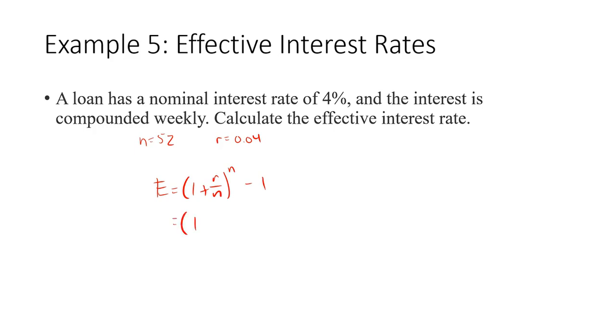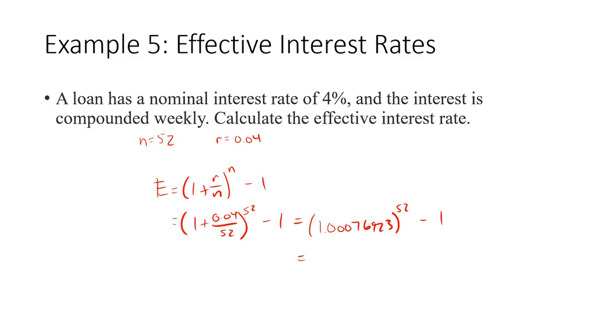So that's 1 plus 0.04 divided by 52 to the 52 power minus 1. 0.04 divided by 52 plus 1 gives you 1.00076923 to the 52 power minus 1.